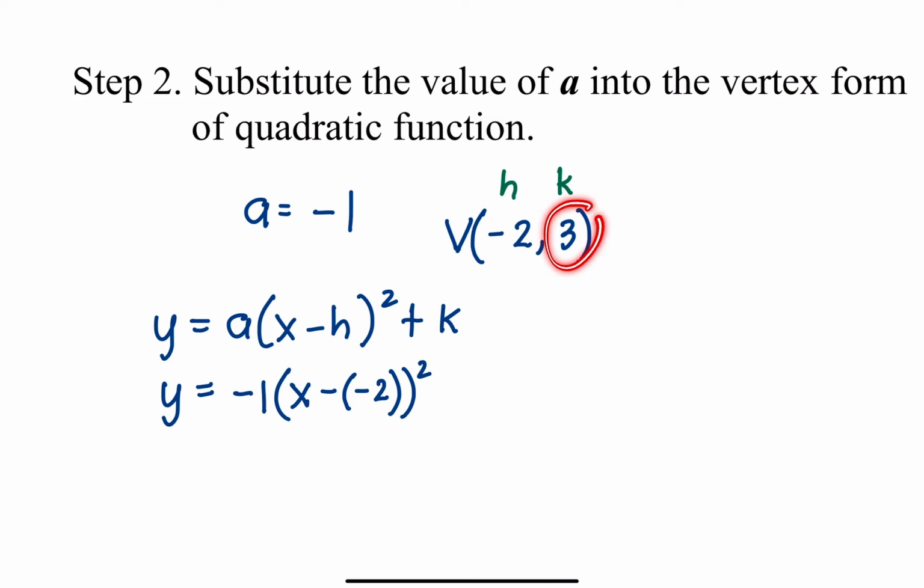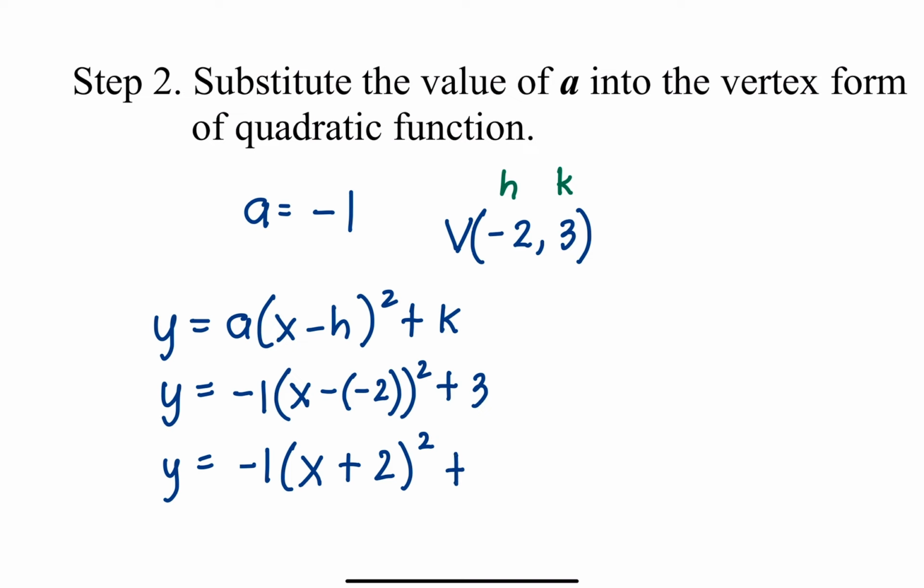And our k is 3, plus 3. So the final answer is y = -1 times (x, and since this is negative times negative, it will become positive, x + 2) squared plus 3. So this is the equation of the parabola.